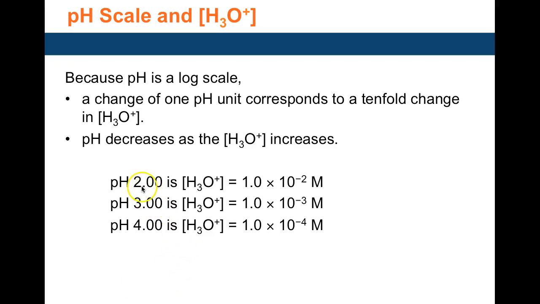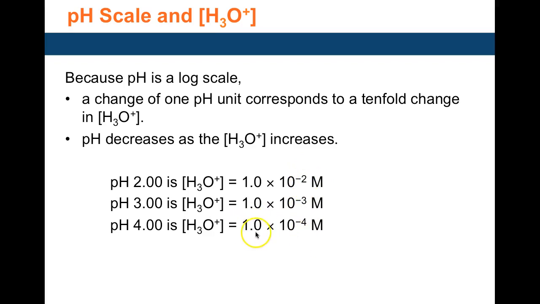So if the H3O+ is 1 times 10 to the negative 2, the pH is 2. If the coefficient is 1, then the pH is just the numeric value of the exponent.